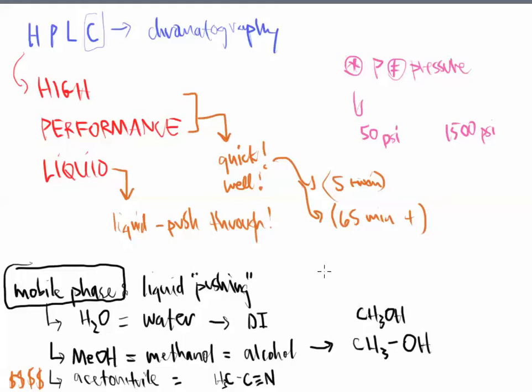Depending on what else, we can easily include buffers in the mobile phase as well. Sometimes you will see a buffer integrated into the mobile phase composition. These could be a pH 4 buffer or a pH 7 buffer, because maybe the compound you want to study has something acidic.